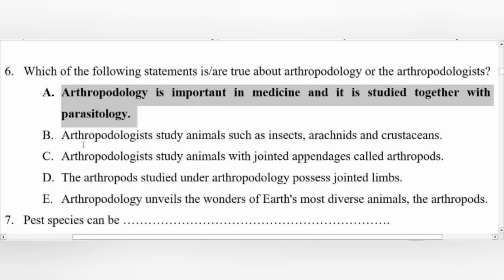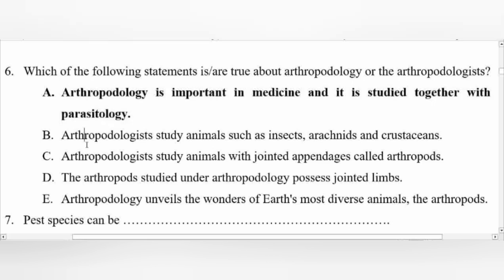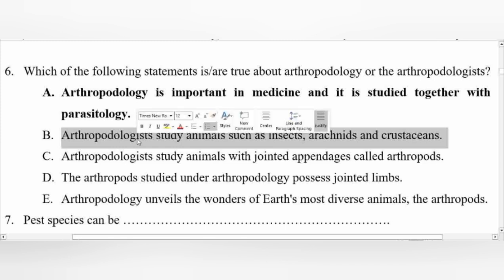Then again, option B is anthropodologists study animals such as insects, arachnids, and crustaceans. And this one too is true. Insects is a very key component. In actual fact, there are five subphyla of the phylum Arthropoda.